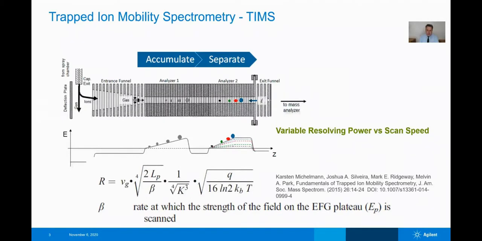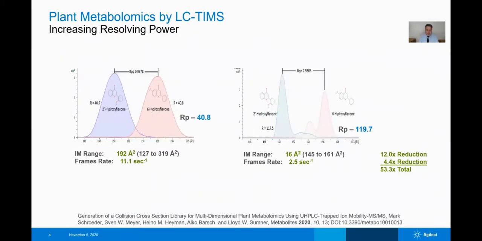Let's look at an example of how that actually works out. You can see on the left-hand side these two hydroxyflavanones that are separated nicely at a resolving power of 40. Now, this analysis was done over the full spectral range, so nearly 200 square angstroms, and acquired at 11 frames per second. On the right-hand side is the exact same sample, and in this case, to increase the resolving power to about 120, the scan rate of releasing ions through that separation had to be dramatically reduced.